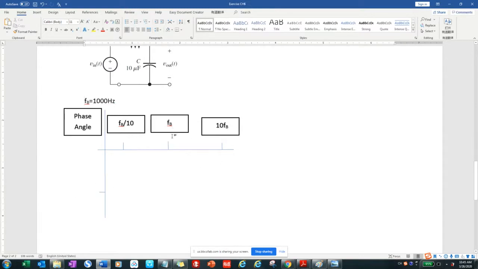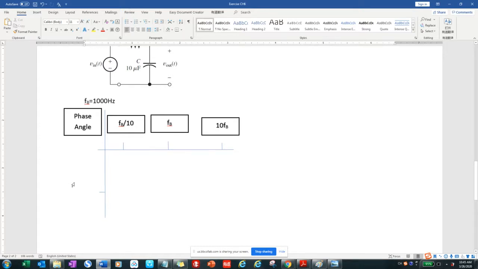Then you know that for the phase angle, for the low pass filter, when the frequency equals FB, we calculate the phase angle using negative arctangent of F over FB. So if frequency equals FB, then we are going to get negative 45 degrees.